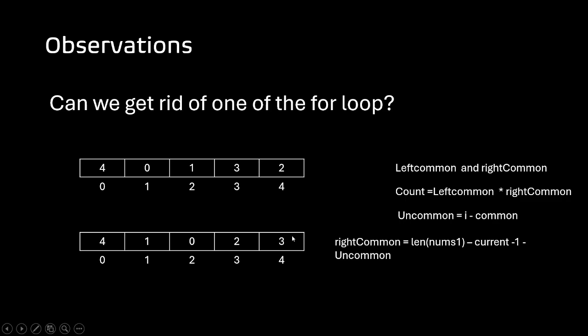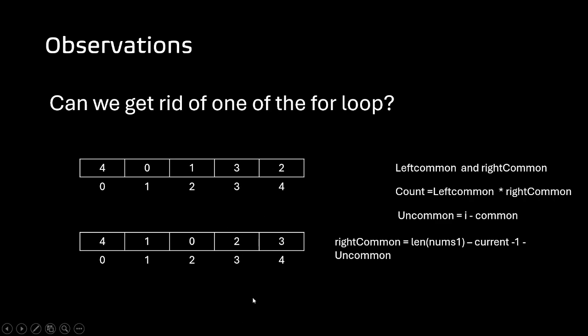So the length of this nums2 array will be trimmed with current minus 1. Current is 1, so 2 elements. I'm trimming it here, and this entire part has to be checked with this entire part, and from this part I have to get rid of the number of uncommon elements, and whatever remains will be the number of common elements.